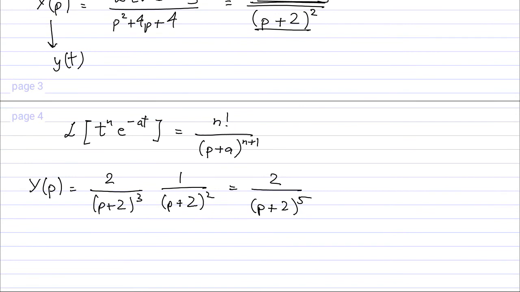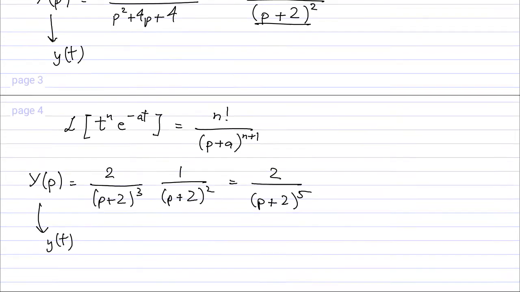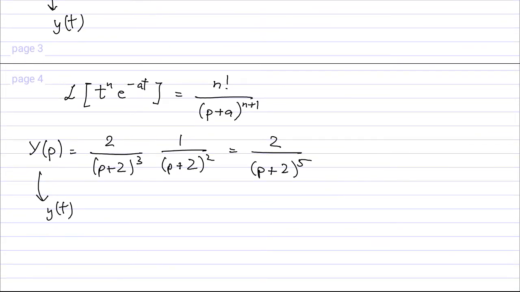Now from this I need to figure out the y of t. So essentially I need to hunt around for what y of t is such that when I take the Laplace transform I get capital Y of p. Well, this looks very similar to this thing, right? In the sense that when I take the Laplace transform of t raised to power n e raised to power minus at, I get something that looks very similar.